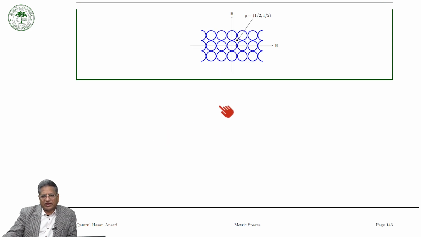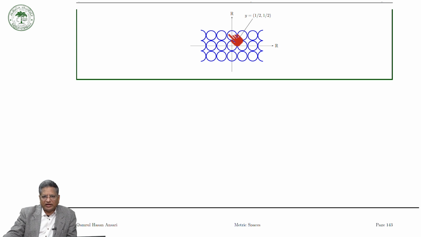You will see that if it is (1, 1), the radius half is this portion, and then from here is half, and this center is this one, (1, 0), and the radius is half. So we have this sphere. This is your open sphere with center at (1, 1) and radius half. And here we have (1, 0), so this is your open sphere of radius half.